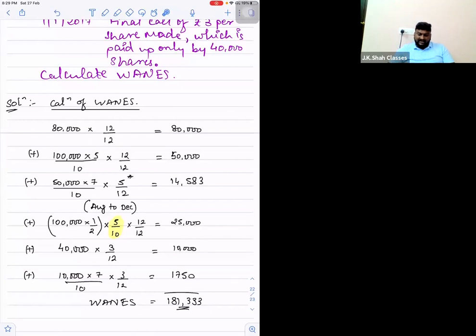So we have added the 10,000 shares which are partly paid up in the last part we are showing, no? From January, February, and March also they are partly paid up. So we have considered them for 3 months, that is 3/12.